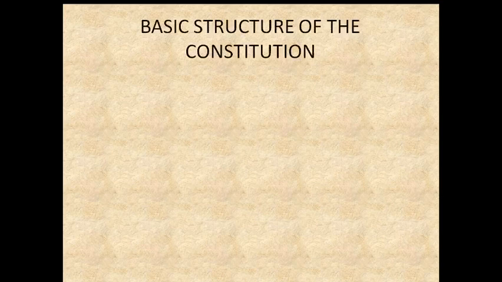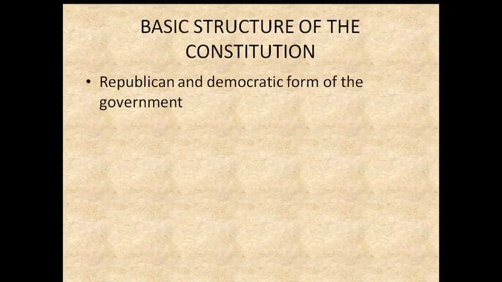Now we will study about the basic structure of the Constitution. First point, it is a republican and a democratic form of government. That is, a state in which the supreme power is held by the people.